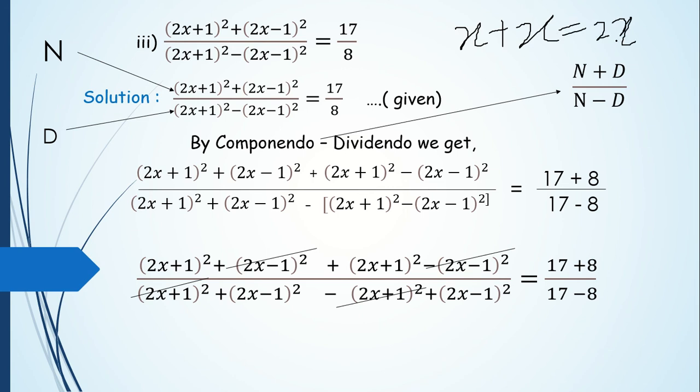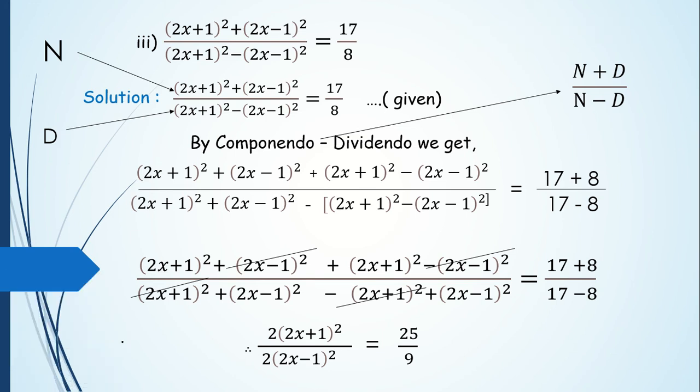Similarly, 2x plus 1 the whole bracket square plus 2x plus 1 the whole bracket square is going to be 2 times 2x plus 1 the whole bracket square. 2 times, and down also 2 times 2x minus 1 the whole bracket square. And this side 17 plus 8 is 25 and 17 minus 8 is 9. Now this 2 will get divided, cancelled. So we are left with 2x plus 1 the whole bracket square upon 2x minus 1 the whole bracket square.